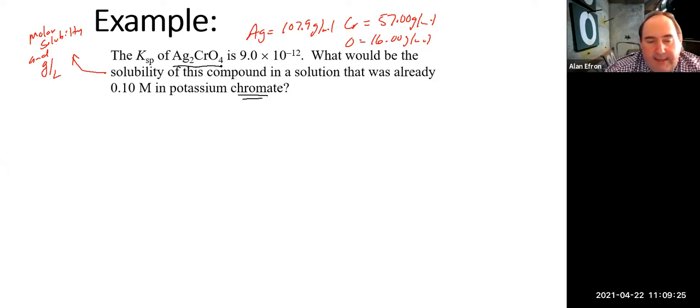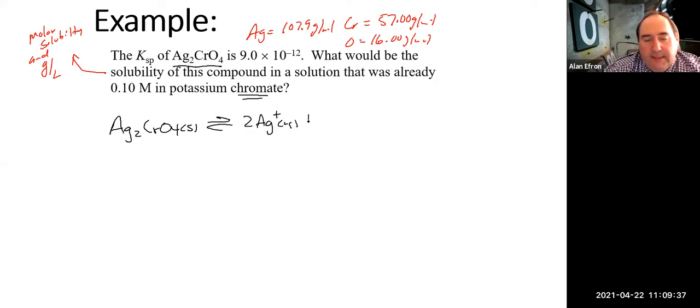This is the Ksp guy, so that is really where we would want to set up our ice table from. We also know it's going to be a solid because there's a Ksp value associated with it. When it breaks apart, it's going to be 2 silvers plus a chromate here. And the Ksp expression would be our product, so that's going to be our silver, which would get squared, times our chromate.